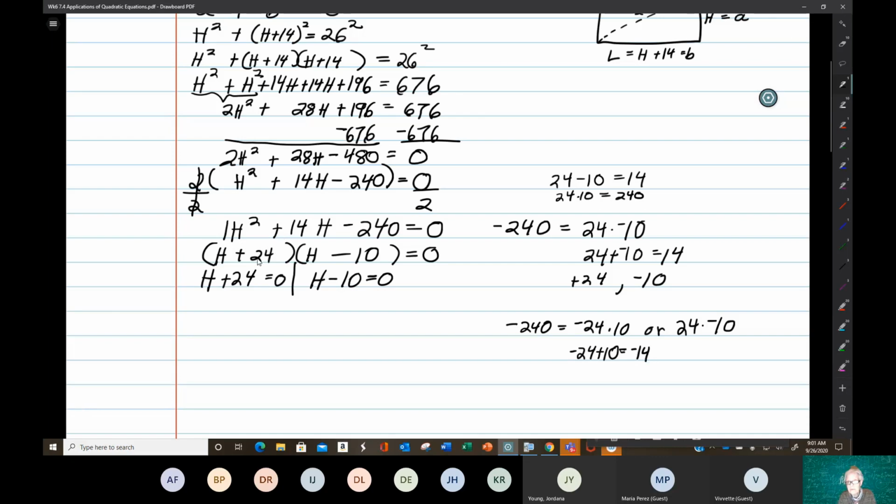Well, I need a positive 14, but it definitely means I'm on the right track. 24 plus negative 10 equals positive 14. So bingo, that was it. Sometimes when you have a hunch, if you try that first, you don't have to go through all the factoring. Okay. Thank you. You're welcome.